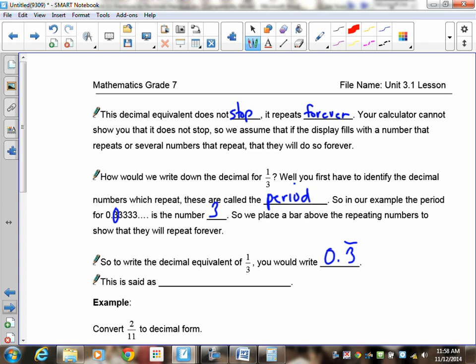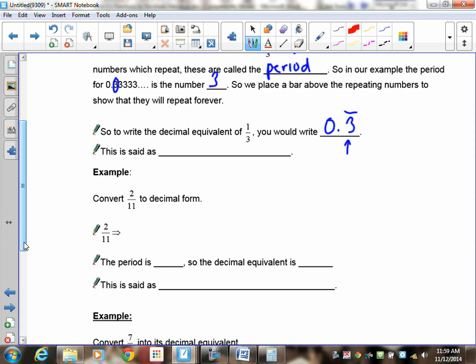Because you want to show that just this digit 3 is the only thing that repeats. So if I was writing this down and had to say it to somebody, I would say 0.3 repeating.